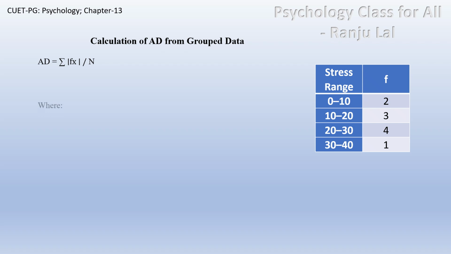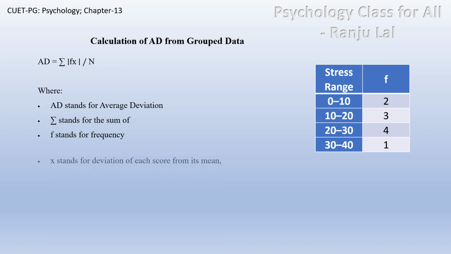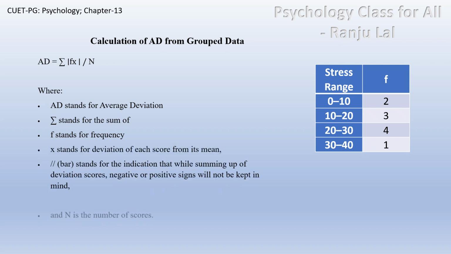Here AD stands for average deviation, summation stands for the sum of, f stands for the frequency, small x stands for deviation of each score from its mean. The modulus indicates that while summing up the deviation scores, negative or positive signs will not be kept in mind, and n is the number of scores.